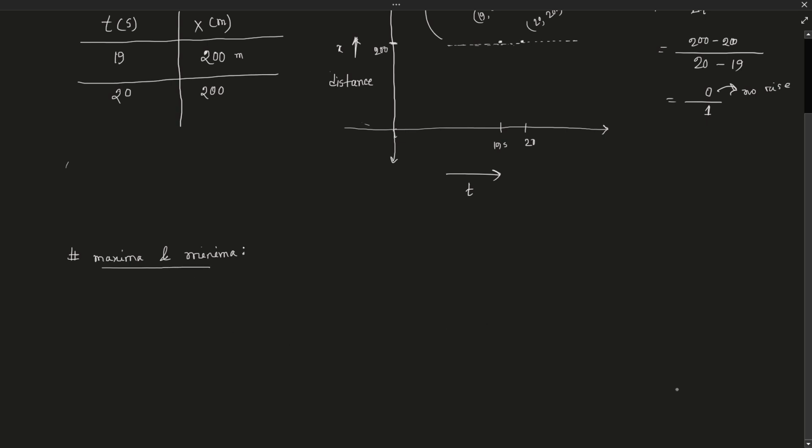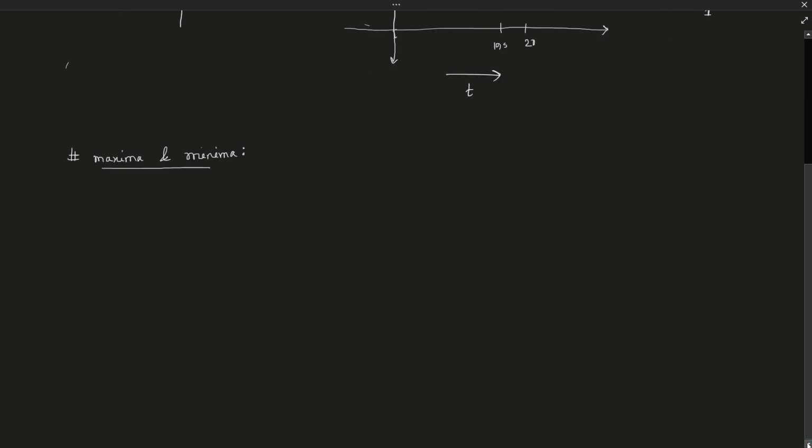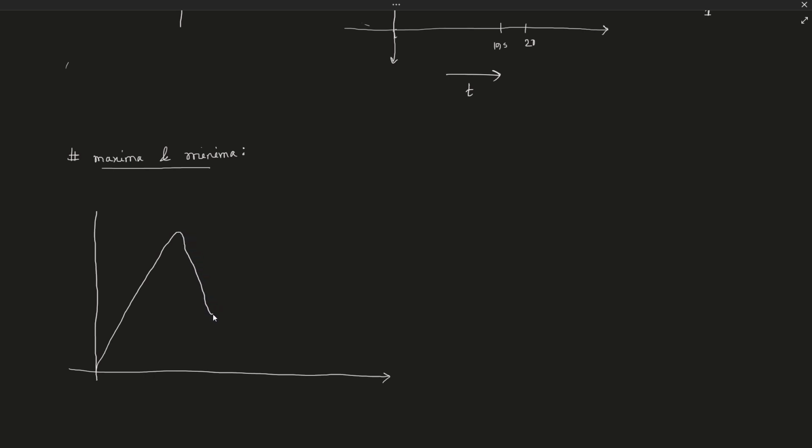Suppose imagine we have that car, and it is moving, going upward, and then moving downward, and then again upward, downward, and so on.